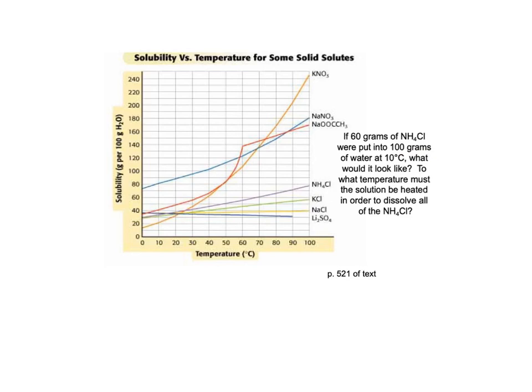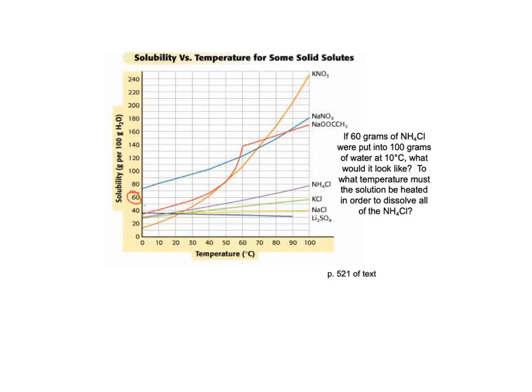Now, if it said maybe we put it into 50 grams of water, we might have to do a little bit of math here as a proportion and double things, but in this case, we can leave it the same.